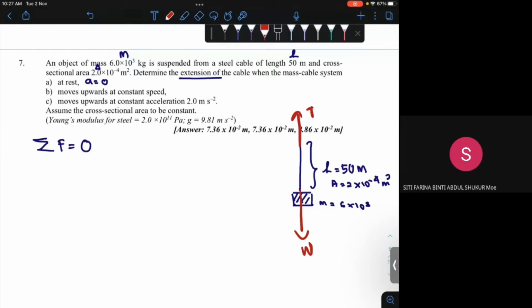Okay, when you sum these 2 forces, you're going to get summation force is equals to 0. Okay, extension akan berlaku bila force has been applied.